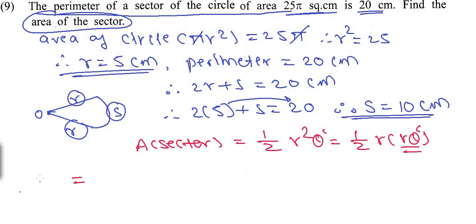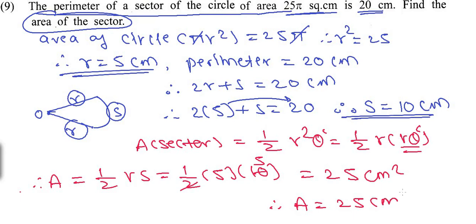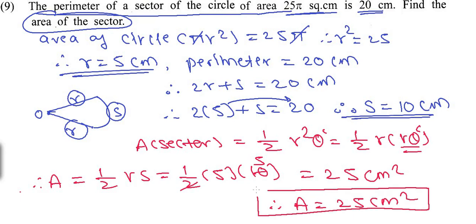Therefore area equal to half into r into S. We have found r, radius 5, and S also we know 10. Now 2 5 the 10, 5 5 the 25. So area is equal to 25 centimeter square of the required sector.